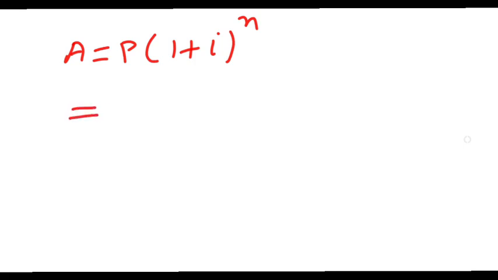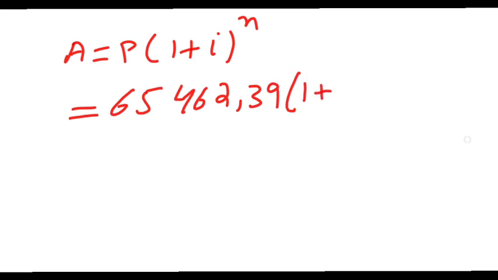The compound interest formula is A equals P times 1 plus i power n. Now the initial amount we are going to use is the one we found earlier by the future value formula, 65,462.39, 1 from the formula plus the interest rate of 5.8%.